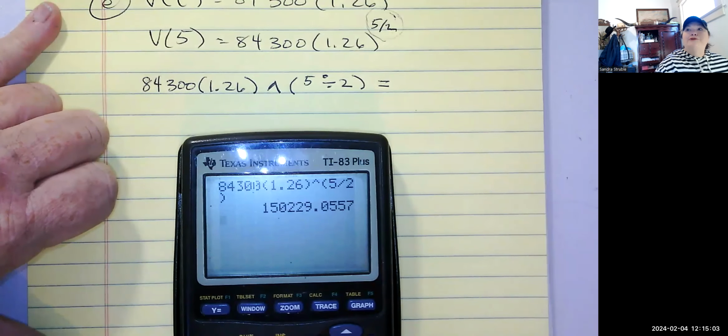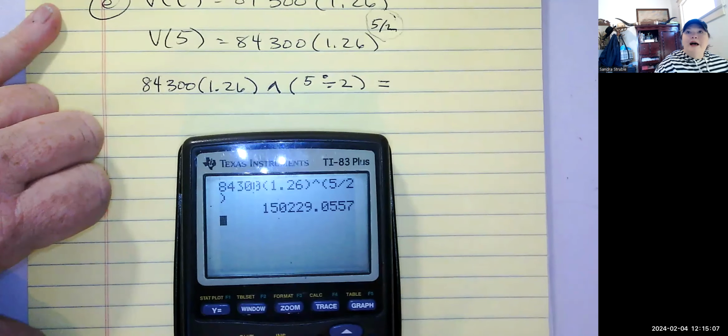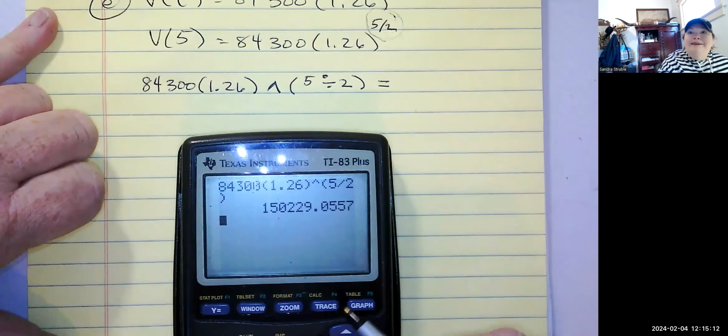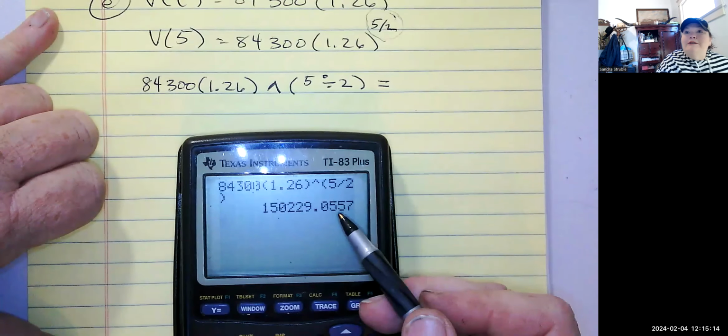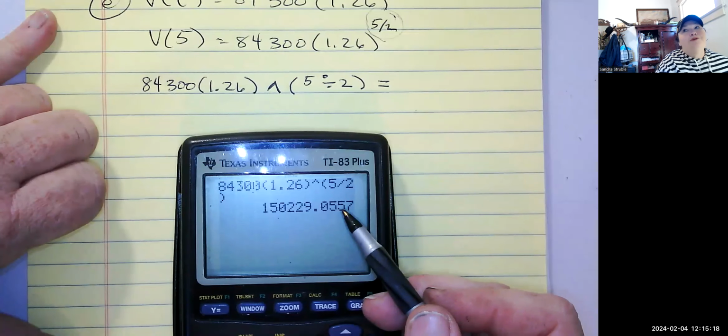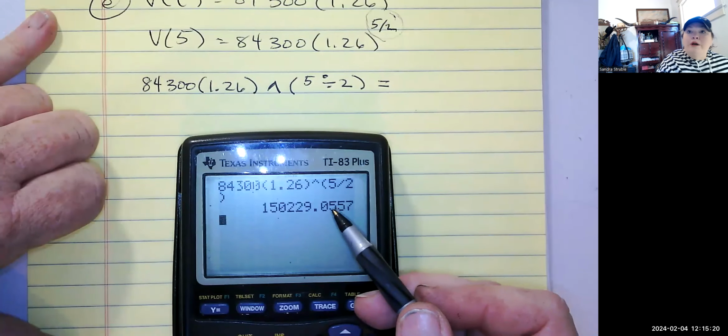So the value after 5 years will be worth $150,229. And, well, our rounding digit is the first 5 here. Our test digit is the second 5, which is 5 or greater. So we have to add 1 to our rounding digit. So this 5 right here becomes a 6.